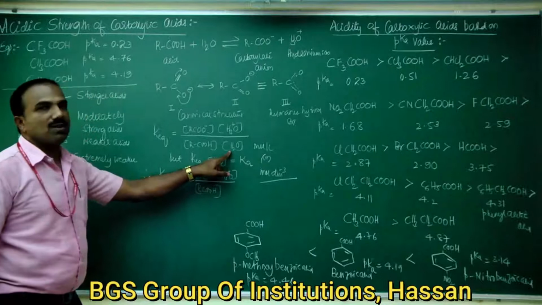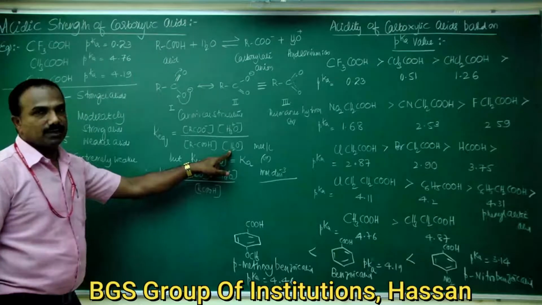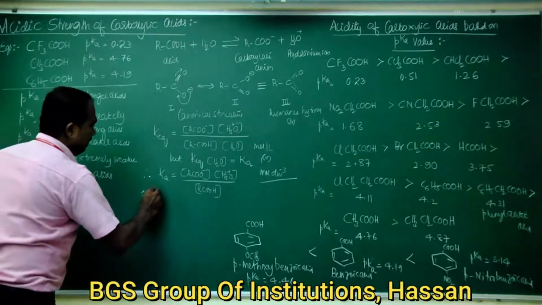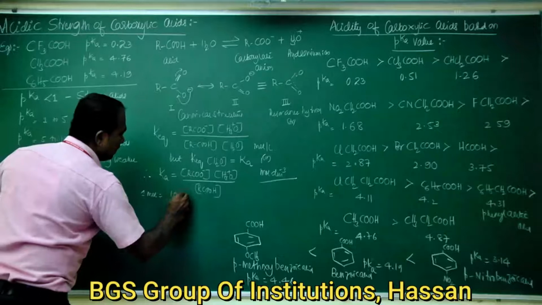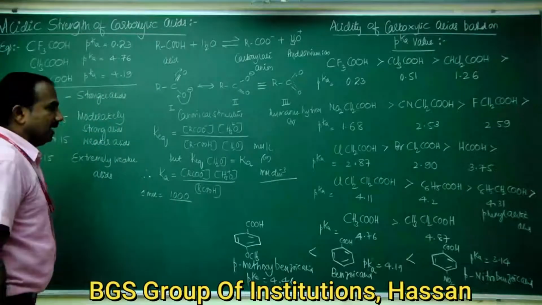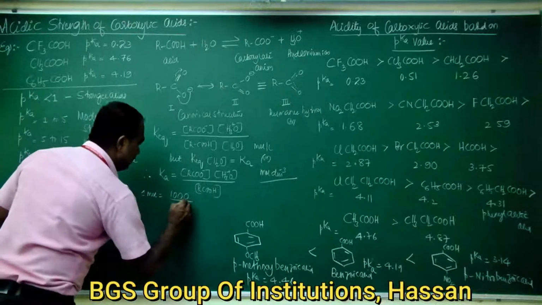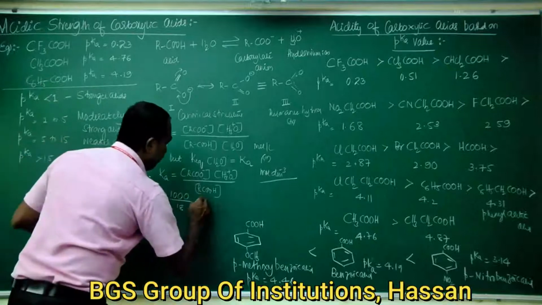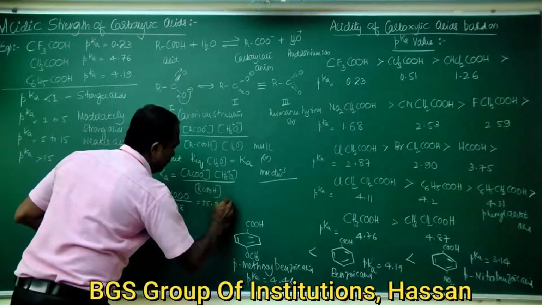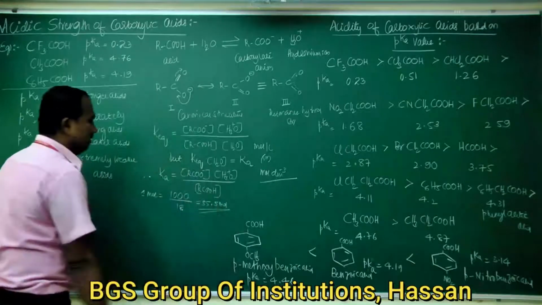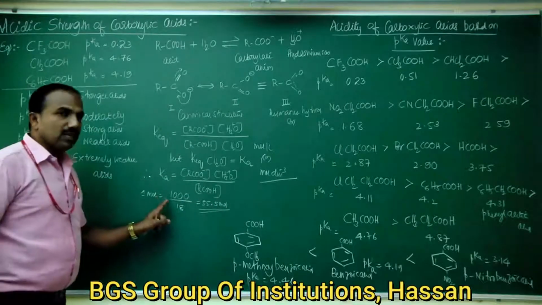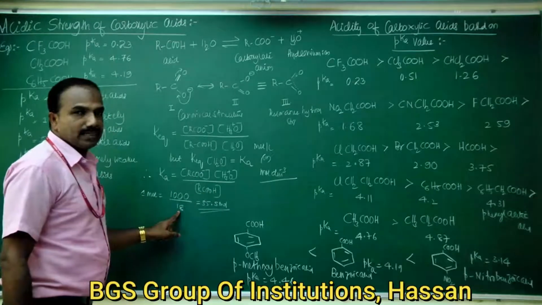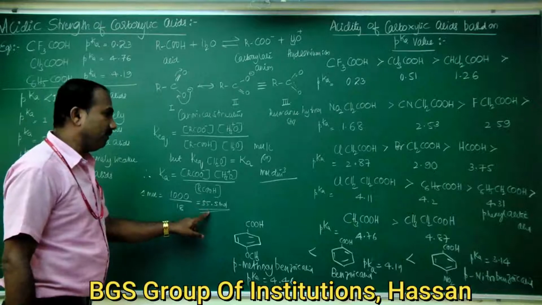But the molar concentration of water is virtually a constant. One liter of water is 1000 ml, divided by the molar mass of water, that is 18, and 1000 divided by 18 is nothing but 55.5 moles.